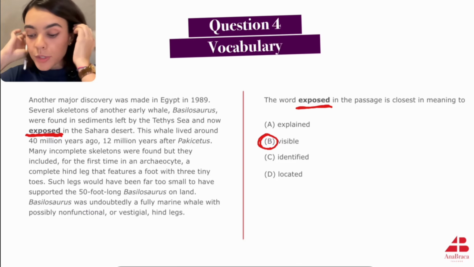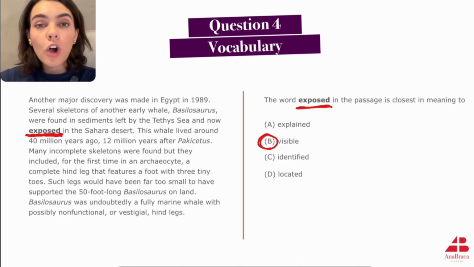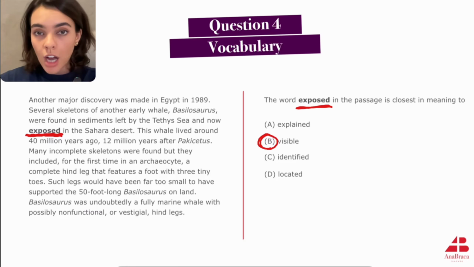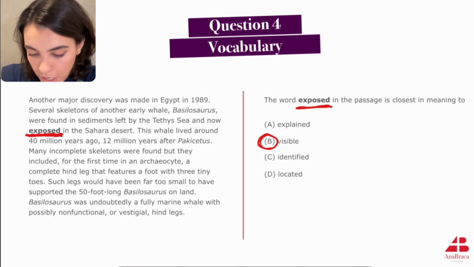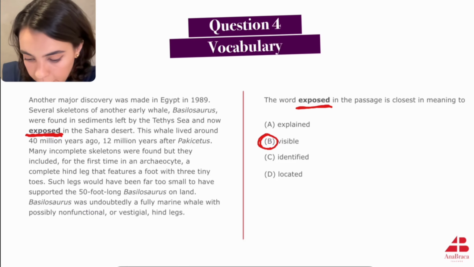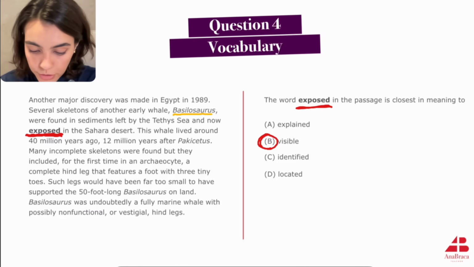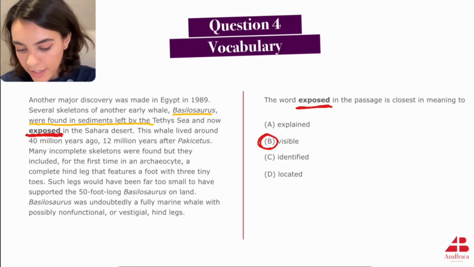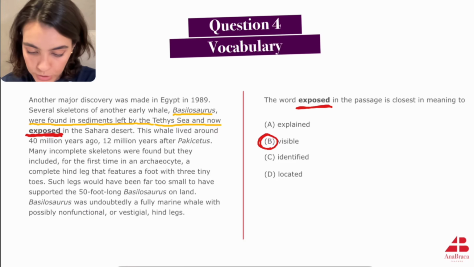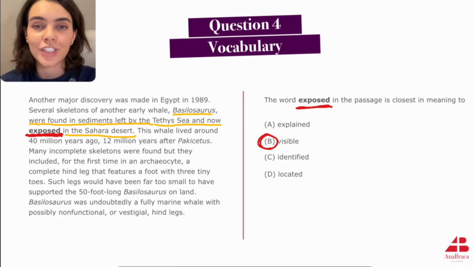So, as I was mentioning, we always need to see the word in context. So let's read what is around here, all right? So let's start here, Basilosaurus, right? Basilosaurus were found in the sediments left by the Tethys Sea and now exposed in the Sahara Desert. Why is it visible?